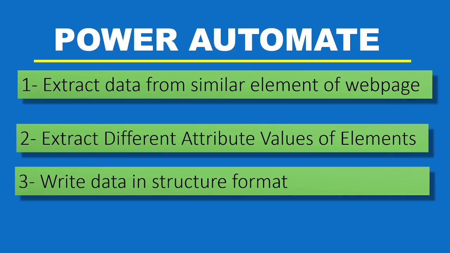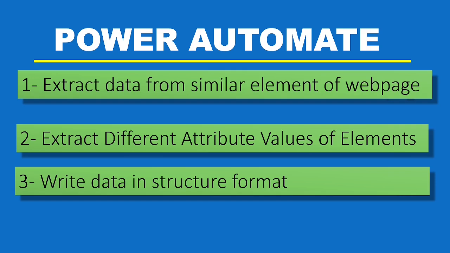So after a long time I am making a video on Power Automate. In this video we will see how to get details from a web element. Most of the time we will have similar kinds of web elements on a web page and we have to extract data from them.